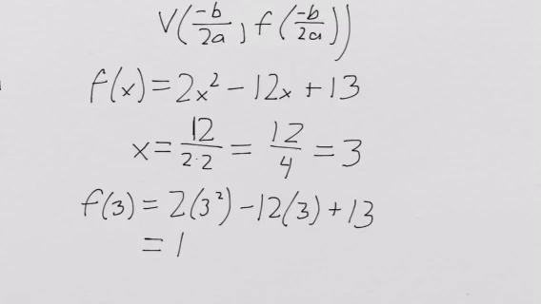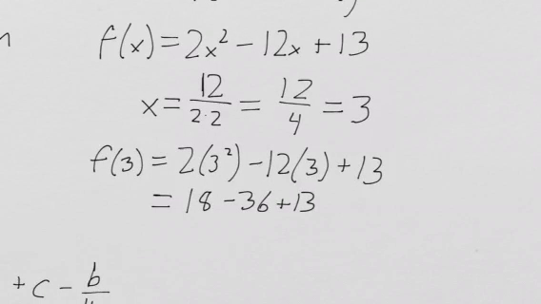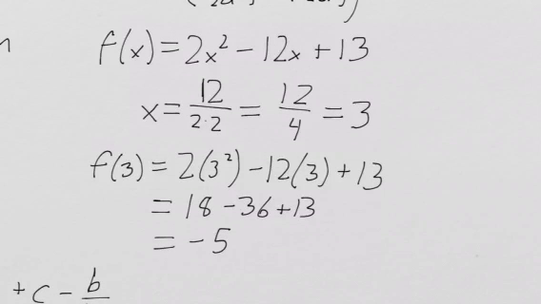So that's going to give me 18 minus 36 plus 13. And adding that up, I get negative 5. So I can say the vertex is at the point 3, negative 5.